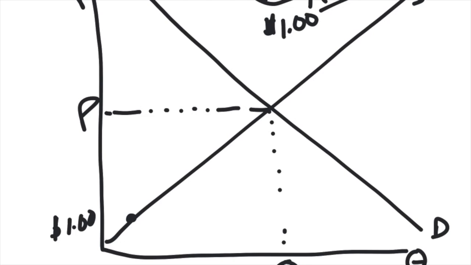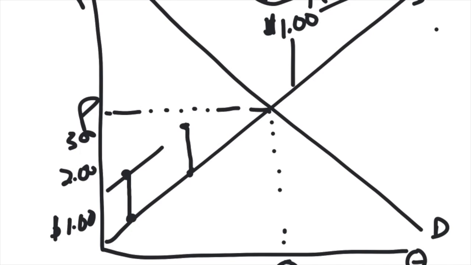Right? So can this person still be profitable at $1? Not anymore, right? That person can only be profitable once you add on the tax at something like $2. And this person right here, before, they could sell at $2, but now with the tax, they can only sell at something like $3, right? And you could take that throughout each one of these. And so we would shift this whole supply curve.